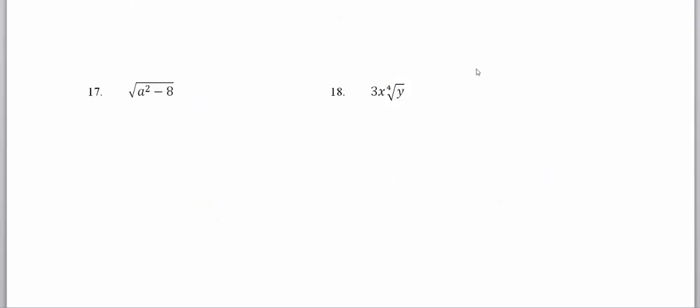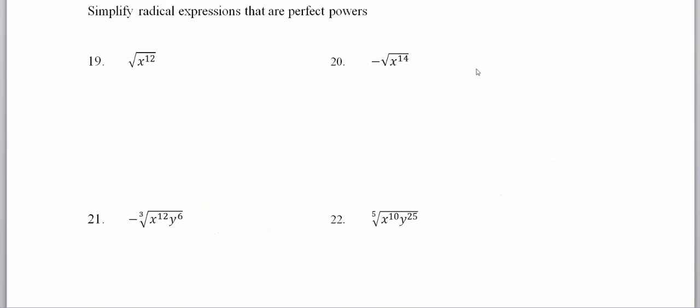In our final part, we're going to look at simplifying radical expressions that have very nice perfect powers. So if I look at the square root of x to the 12th, 2 fits into 12 6 times. Another way to look at it too would be to write x to the inside out and then simplify that to the 6.